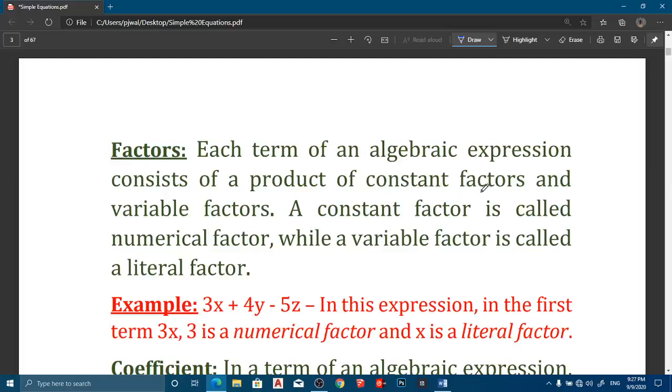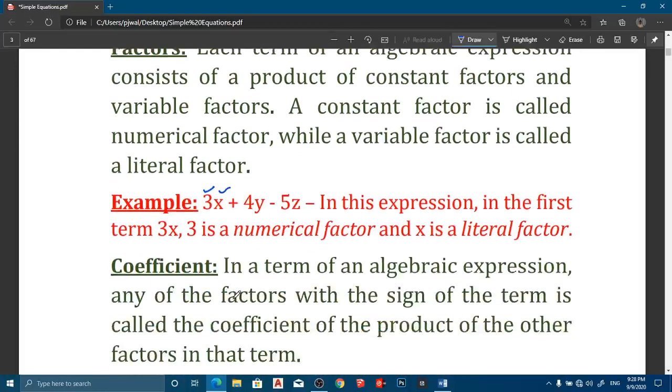Next, variable factor, literal factor or literal coefficient, these are also the same. So here this is called a constant factor, and this is called a variable or literal factor. These are called the factors or coefficients also.